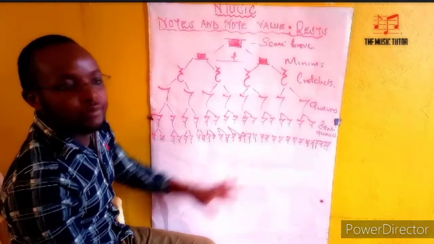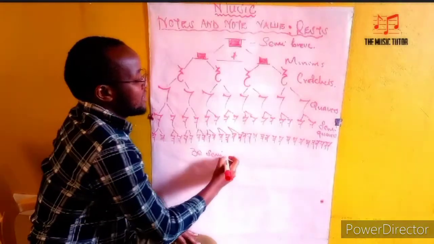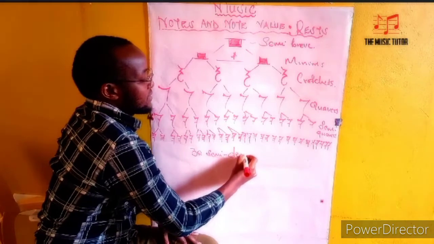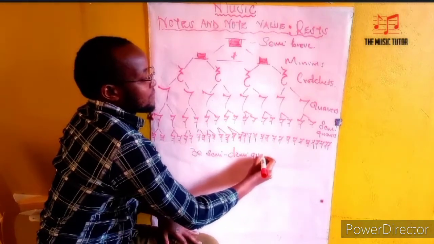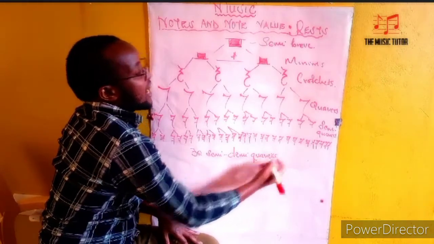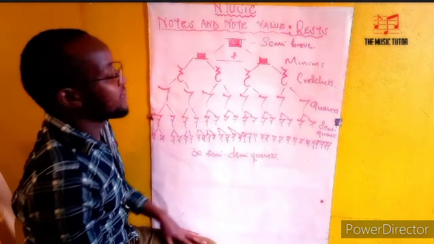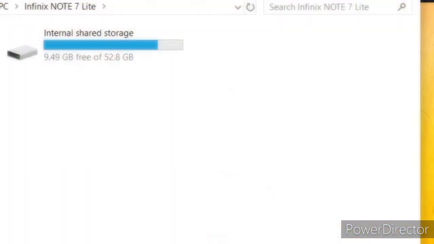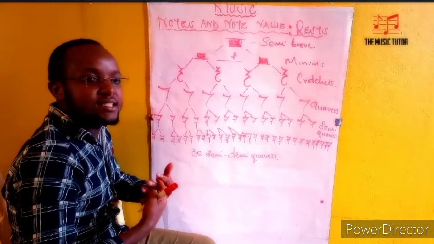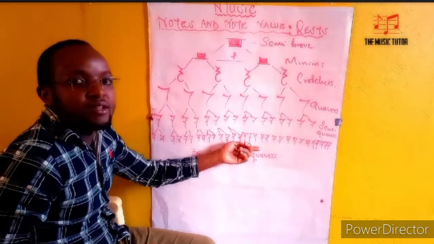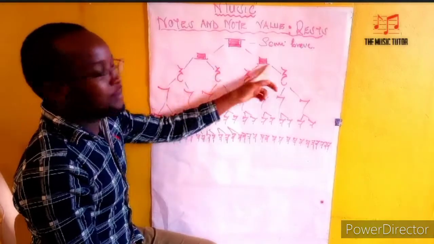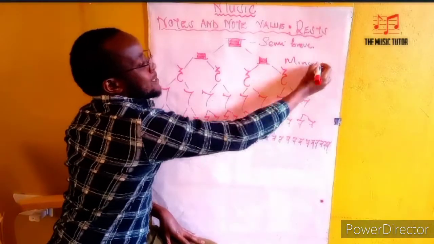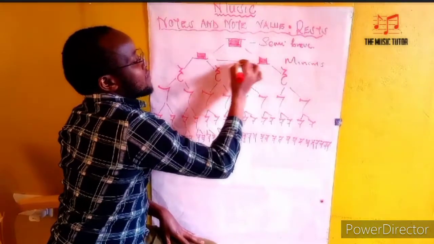These are 32 of them. 32 semi-demiquavers add up to a semi-breve. And so, just the same way we saw the note values, it is the same as the value of two minims.